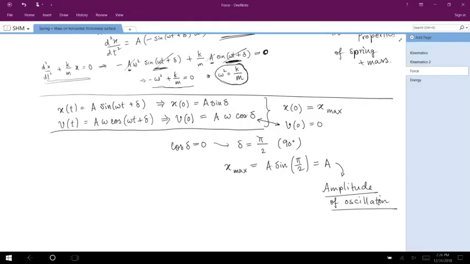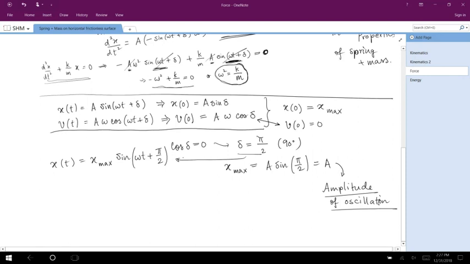Okay, so we now have found the full time dependent position expression. X of t is equal to x max times sine of omega t plus pi over 2. And I got this because I used the fact that delta equals pi over 2. I put it back into my position expression.